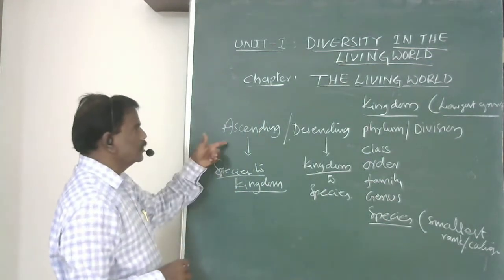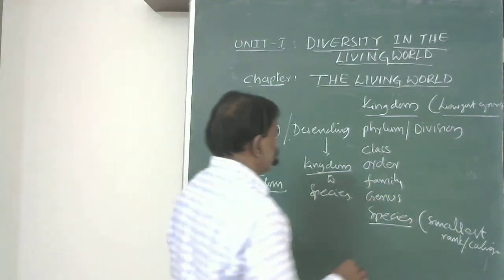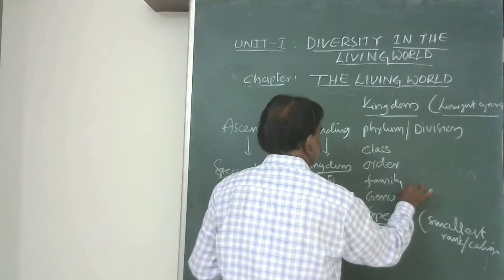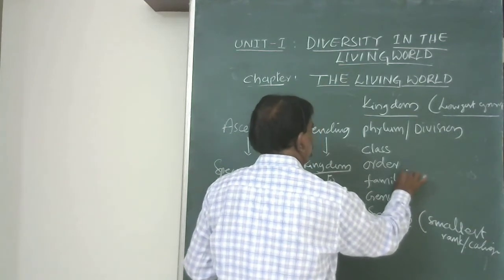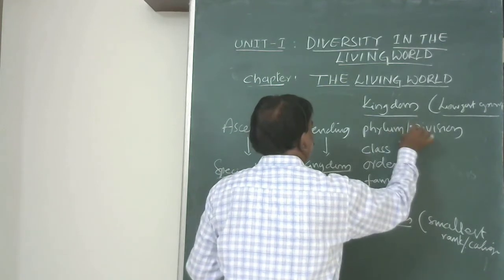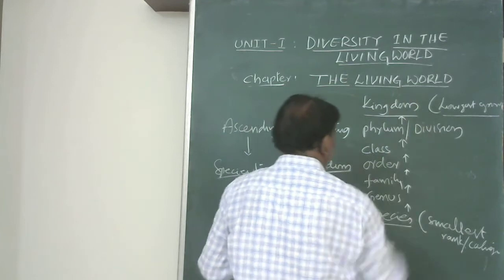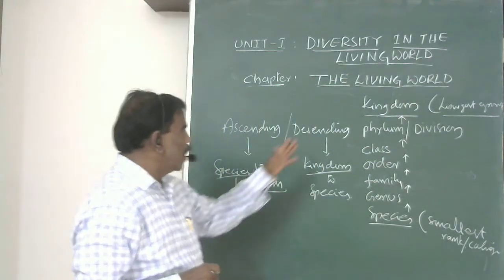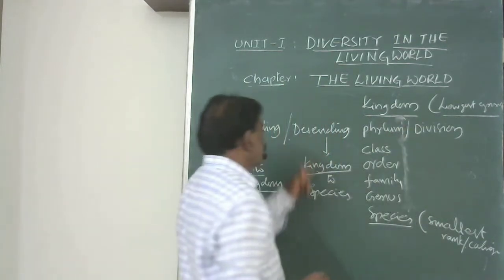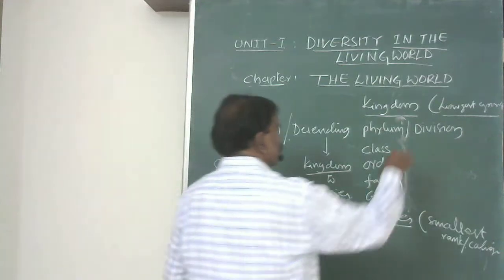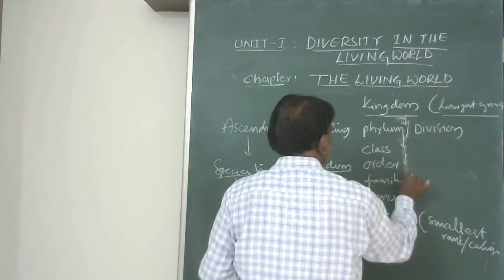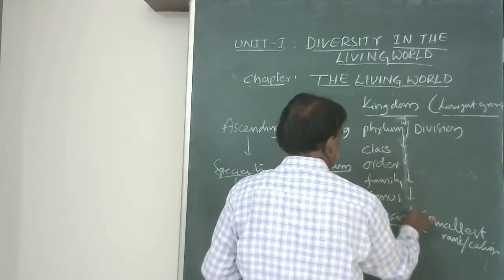In ascending order, species, next genus, family, order, class, phylum or division in case of plants, and kingdom. In descending order: kingdom, phylum, class, order, family, genus, species.